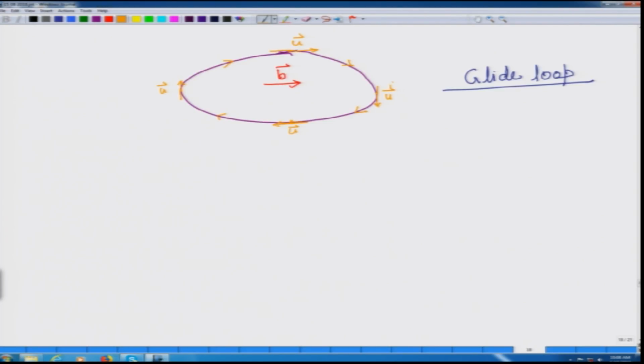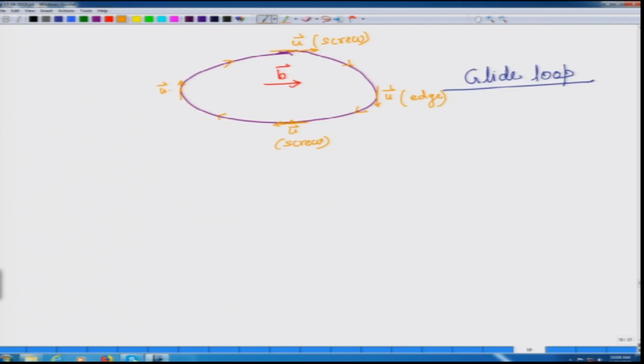So, remember what does that mean? What does parallel and anti-parallel mean? When is b parallel or anti-parallel to u? When it is a screw dislocation. So, this particular point is a pure screw dislocation. This particular point is a pure screw dislocation. This particular point is a pure edge dislocation.